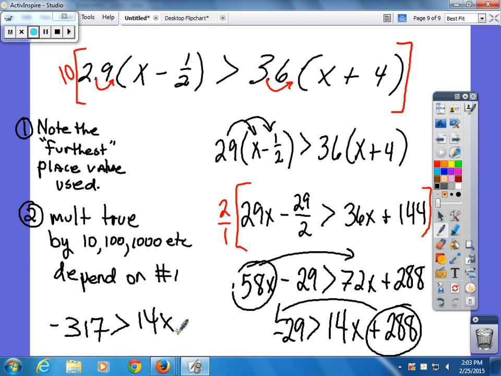Now get your calculators out. You don't really have to. 14 will go in there twice. That'll be 28, 37. 14, 3 times maybe? No, 2 times.